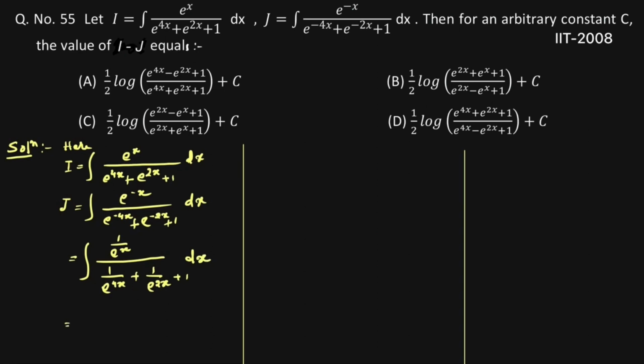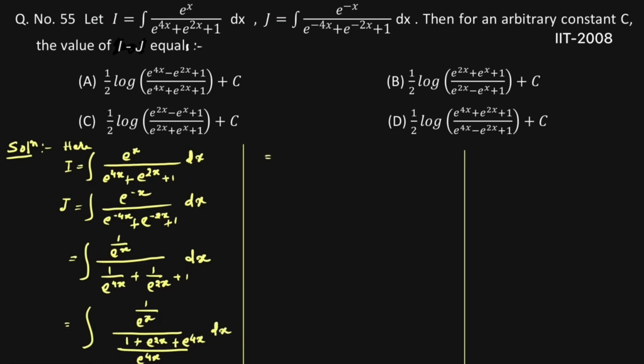Now which is equal to integration of 1 by e to power x divided by, so we take the LCM of this. So LCM is equal to e to power 4x, and this we are able to write 1 plus e to power 2x plus e to power 4x whole dx.